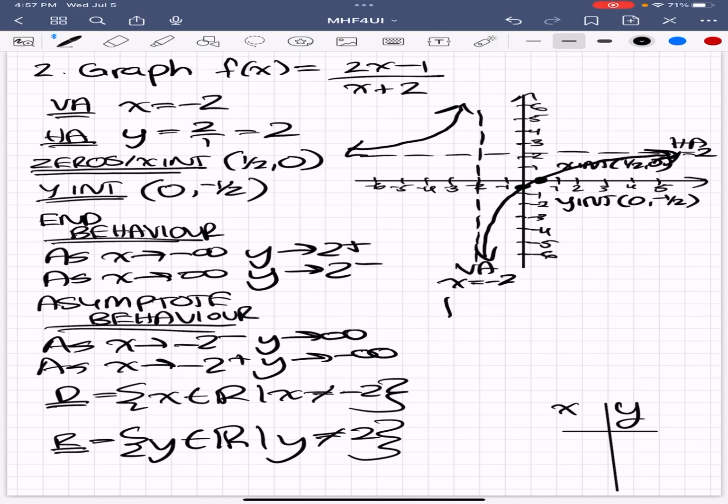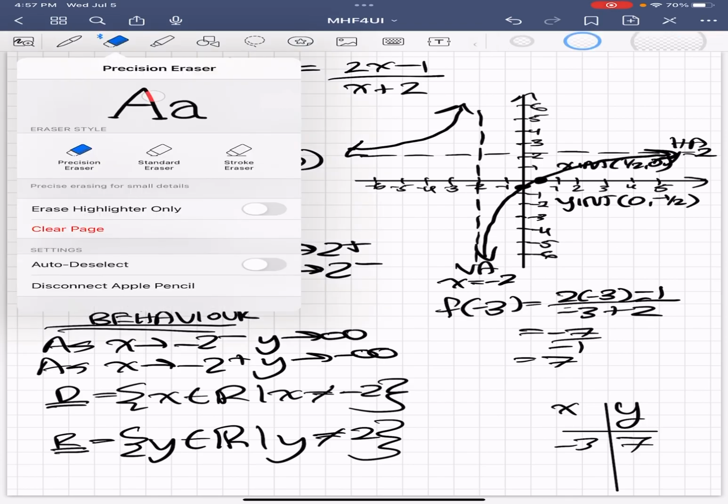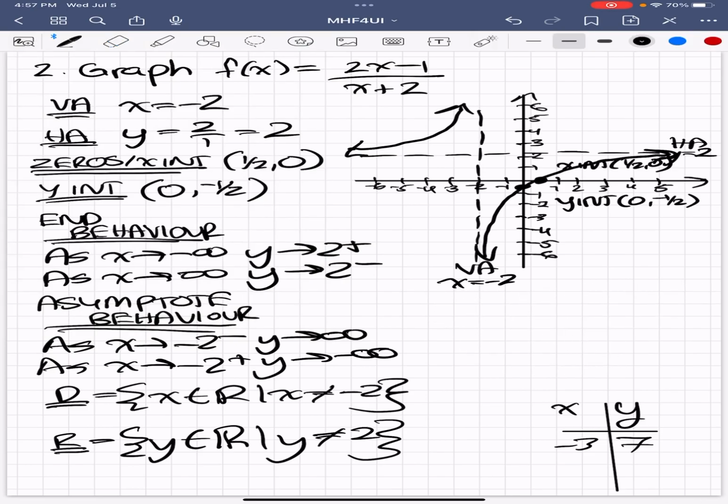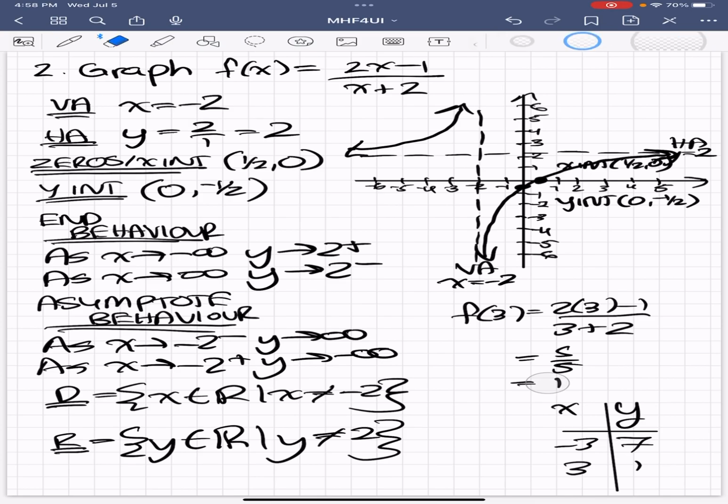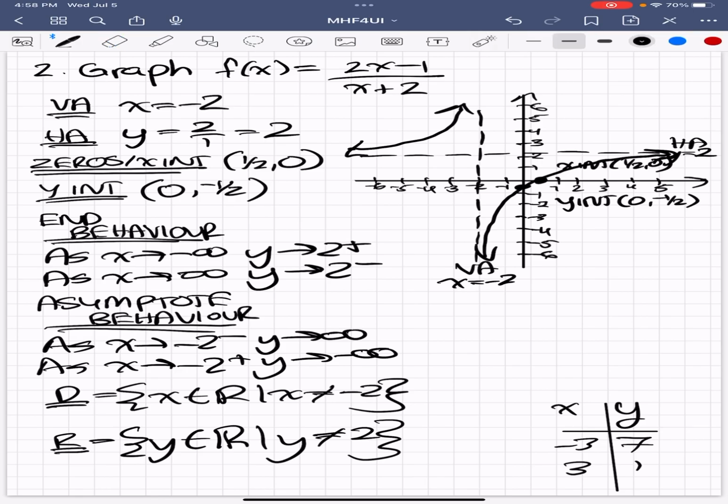And now our extra points. And there are extra points. So that's graph number 2.